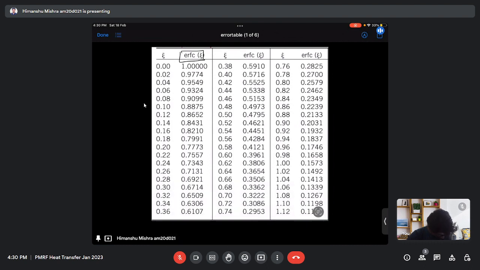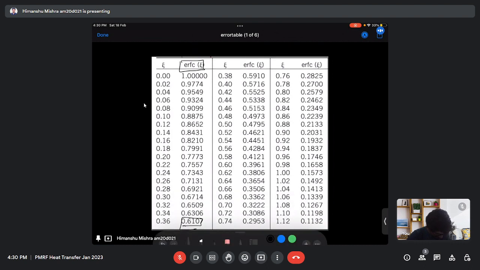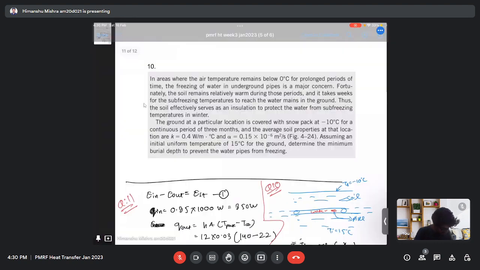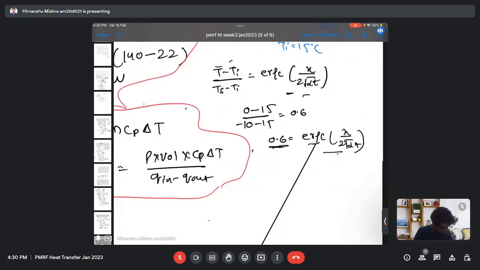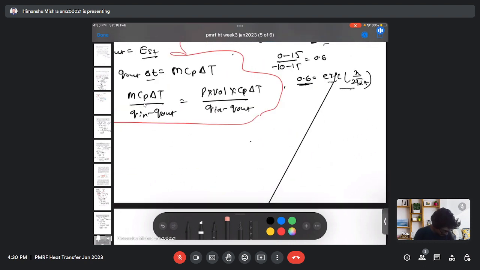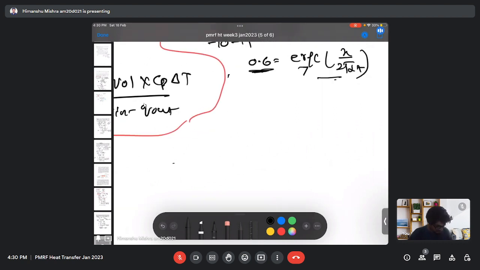For 0.6, we can approximate the argument of the error function close to 0.3, 0.36 here. So this is 0.6, and corresponding to the 0.6, the value from the chart is 0.37. So this value is 0.37 from the chart.